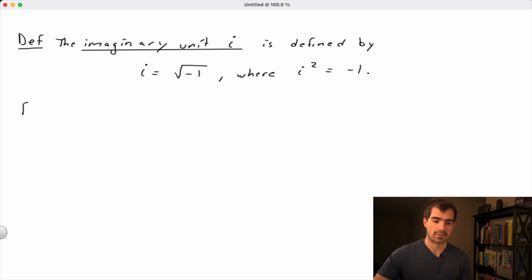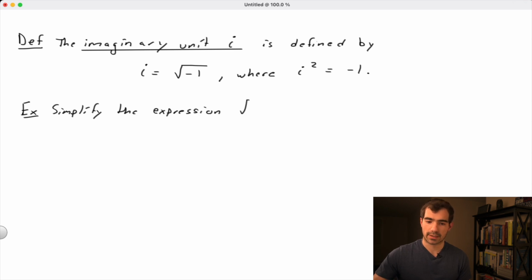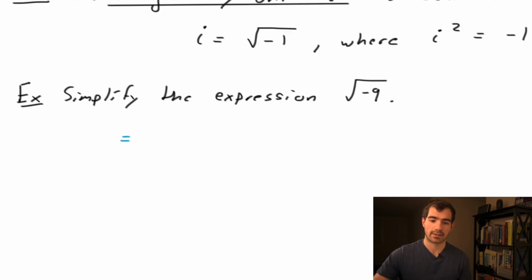And so, for example, this now gives us the ability to simplify an expression like the square root of -9. Instead of just saying this is undefined as we might have previously, we now can recognize that the square root of -9 can be broken up using our square root properties into the square root of -1 times the square root of 9, which we now do have a definition for.